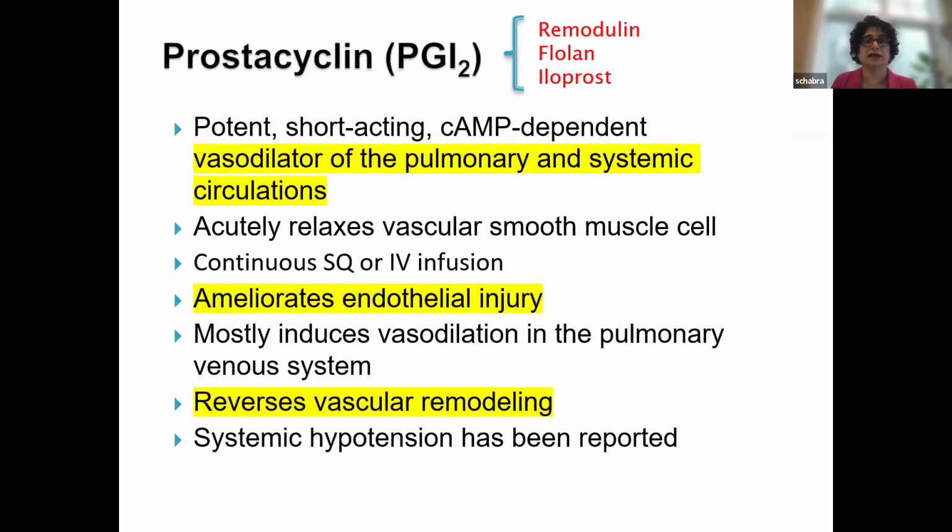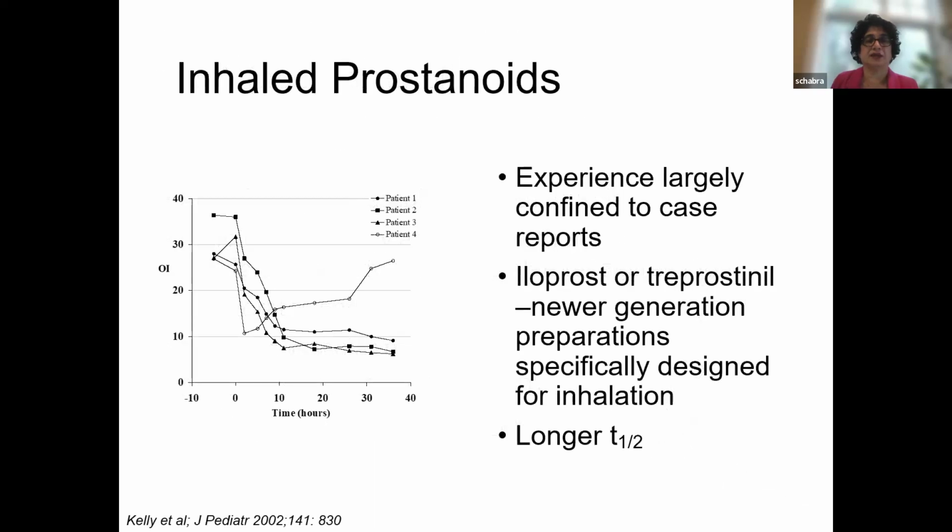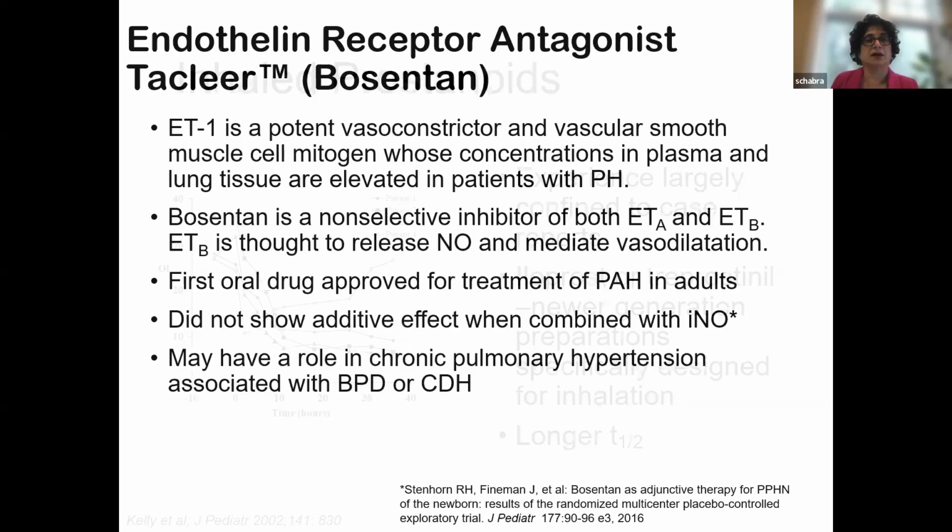Prostacyclin, again, is a cyclic AMP-dependent short-acting vasodilator of the pulmonary and systemic circulation and reverses the vascular remodeling. Flolan or epoprostenol stimulates membrane-bound adenylate cyclase and increases the cyclic AMP.